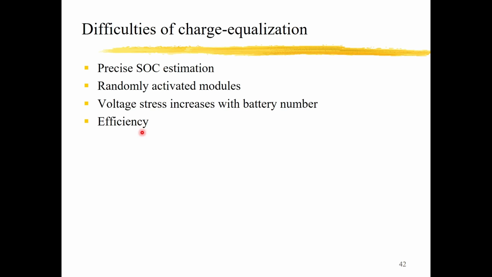So for the charge equalization circuit, usually the efficiency is not so good. Even though we can apply switching converters to achieve the energy transfer, because it usually takes several transferences, finally the efficiency is not good enough.